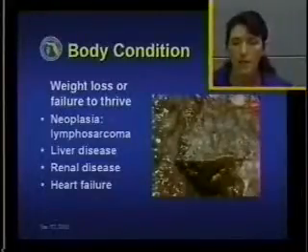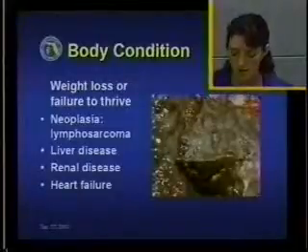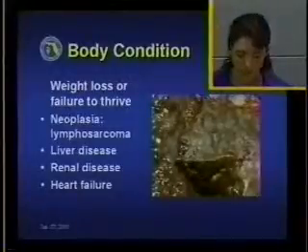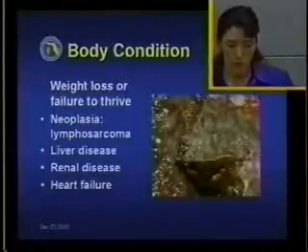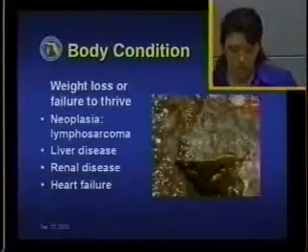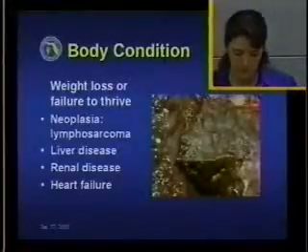This disease is most commonly observed in middle-aged horses, so it's not necessarily an old animal disease. Other diseases that may cause a horse to lose weight chronically are liver disease, renal disease, or heart failure.